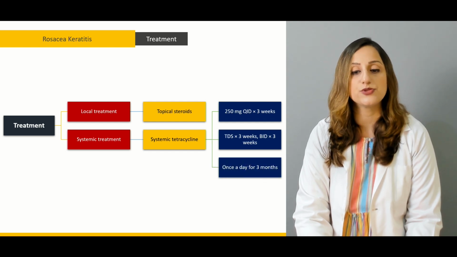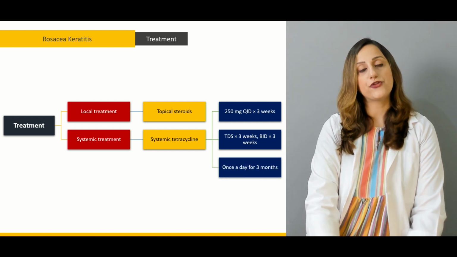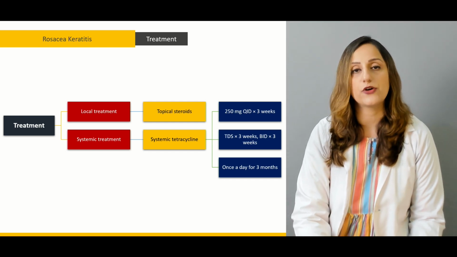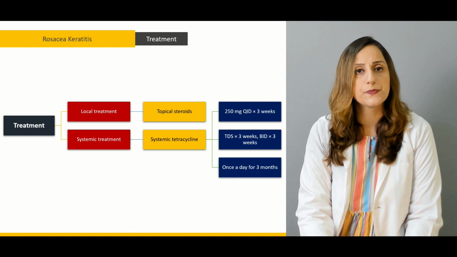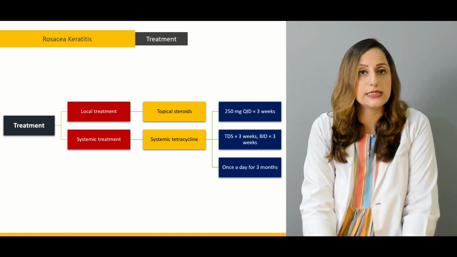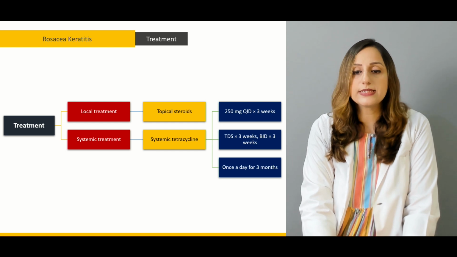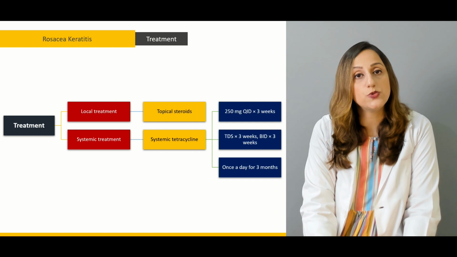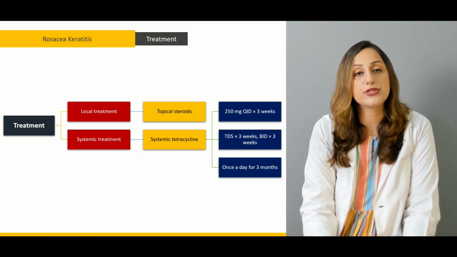This is one of the regimens. Once a day for 3 months is a slow regimen, for example, doxycycline is used in these patients and is given for 3 months just once a day. So these are some of the treatment regimens that you would prescribe in patients with rosacea keratitis or acne rosacea.